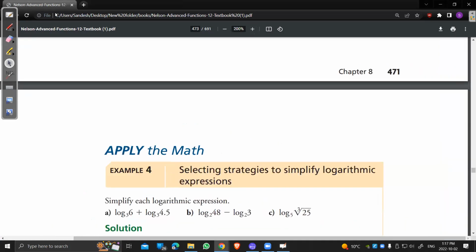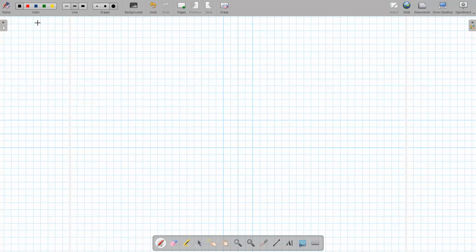Now we're going to look at something called the laws of logs. We had exponential laws before: when dividing, we subtract the exponents, and when multiplying, we add them. Very similar. There are 3 laws. The first one I'm going to call the product law. The bases have to be the same.